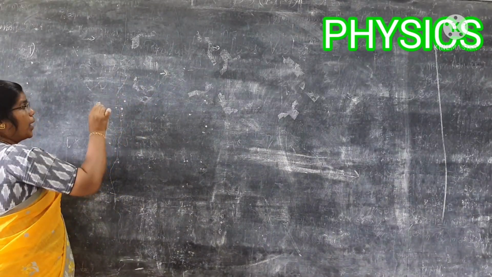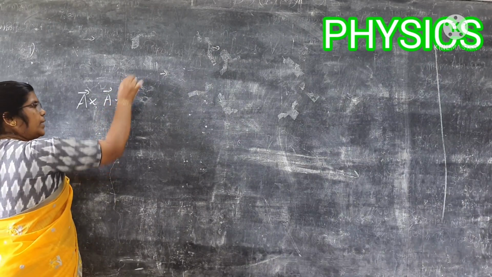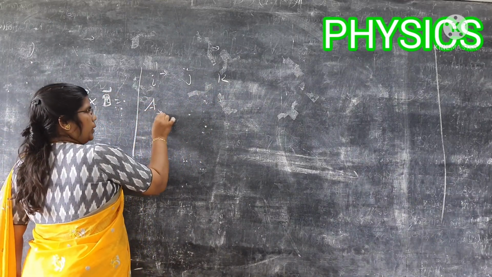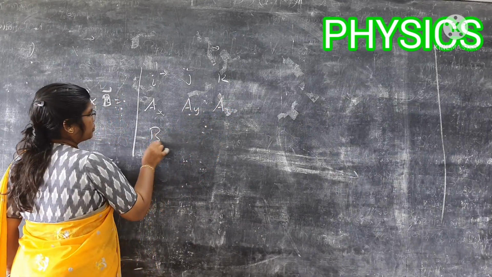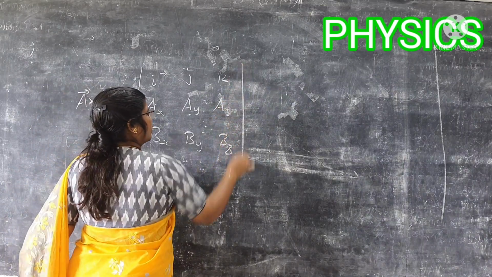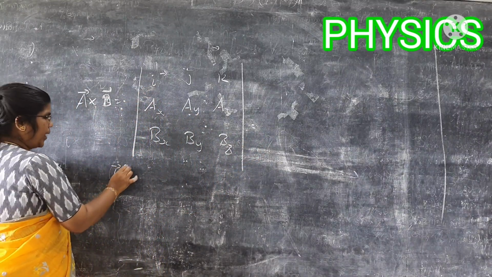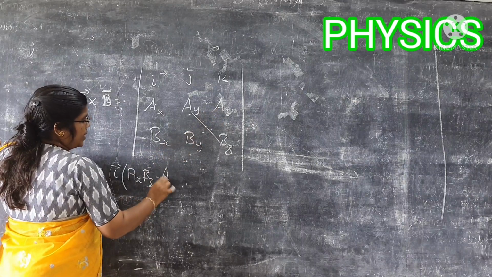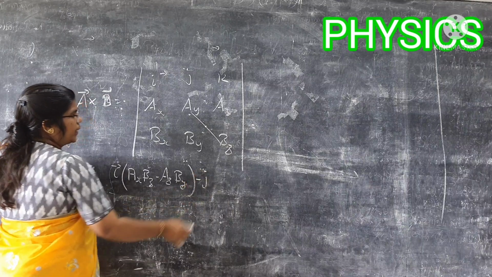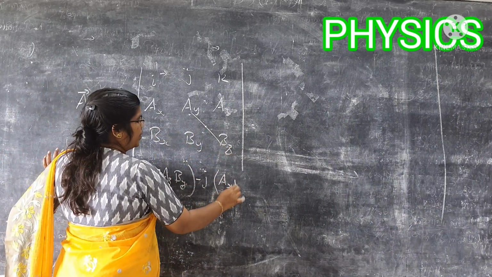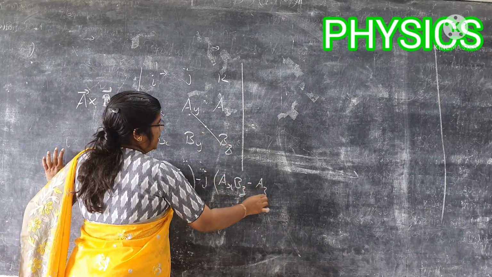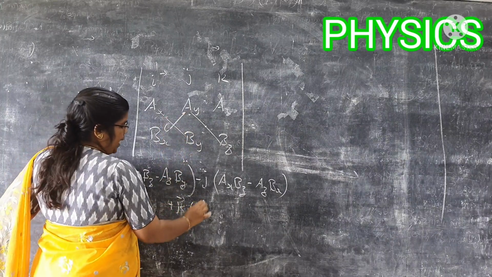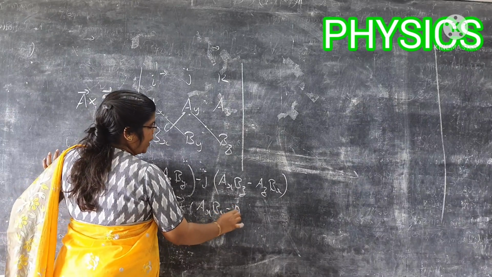Okay. In terms of components, the vector product of two vectors can be written in matrix form as A vector cross B vector equals, these are the components Ax, Ay, Az, and is equal to, we know how to write this, I vector into Ay Bz minus Az By, minus J vector into Ax Bz minus Az Bx, plus K vector into Ax By minus Ay Bx.